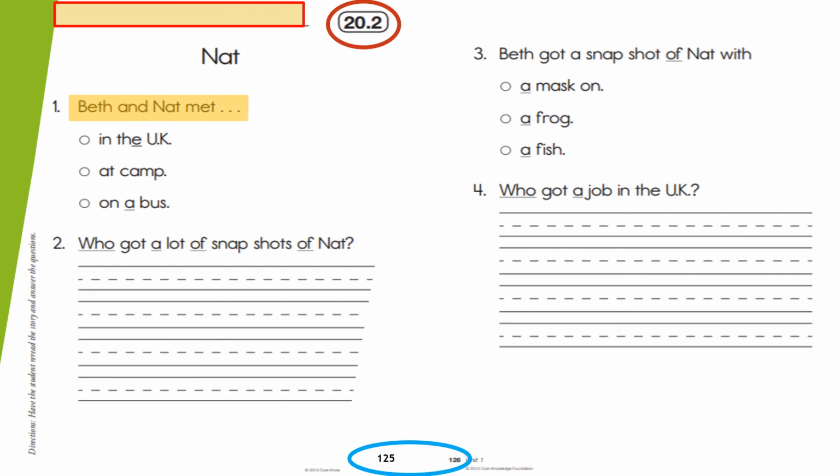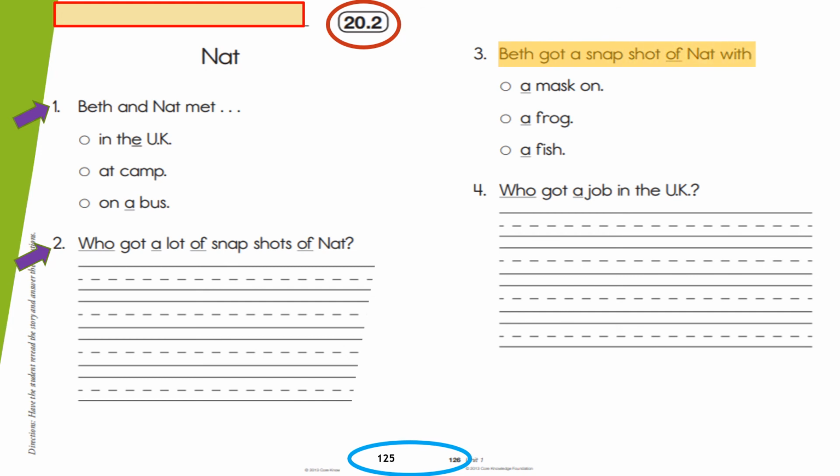So number 1, Beth and Nat met in the UK, at camp, on a bus. Where did Beth and Nat meet? Number 2, who got a lot of snapshots of Nat? Make sure you answer this in complete sentences. Remember, sentences start with a capital letter and end in a period. Make sure your names of people are capital as well.